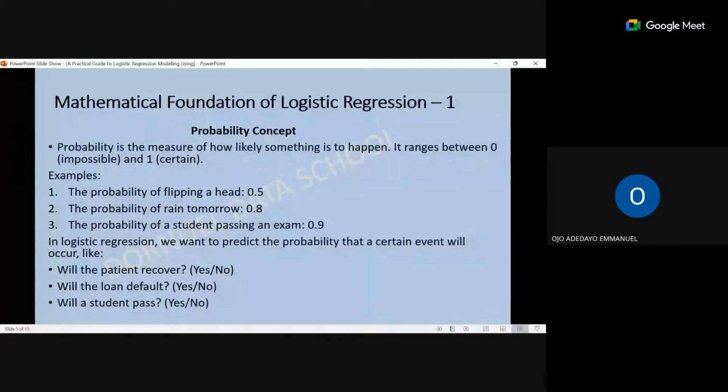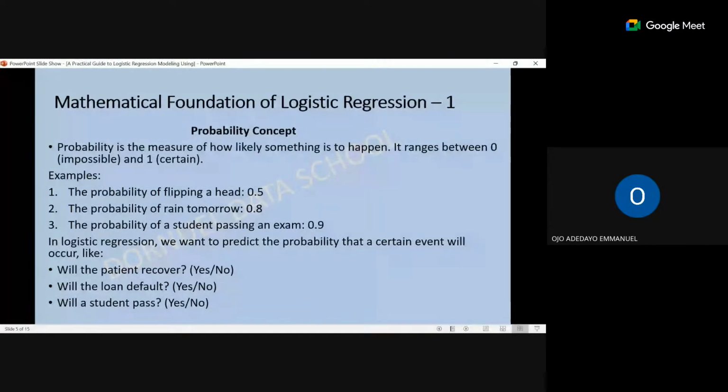I'm going to be taking us through it little by little, because I know that not everybody has a mathematical or statistical background, but just have that mindset that I'm a data scientist. And to be a good data scientist, you must have the knowledge of mathematics, which is very, very important.